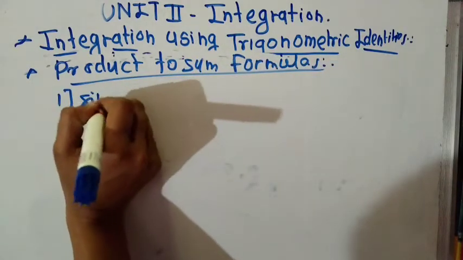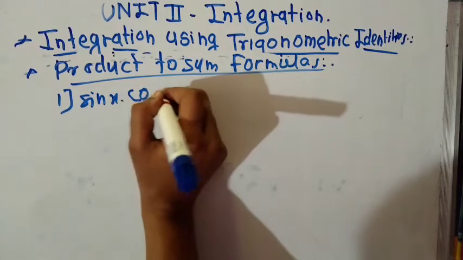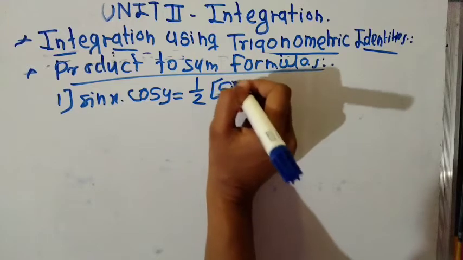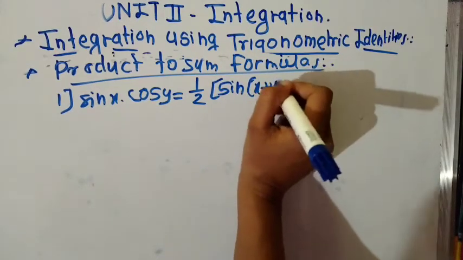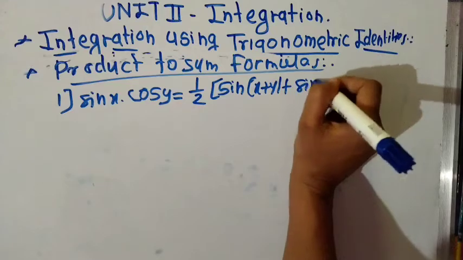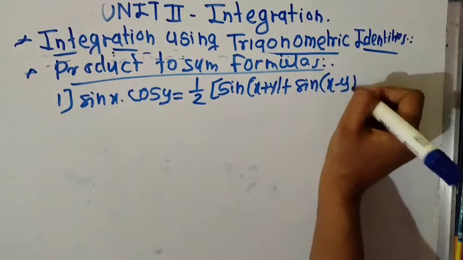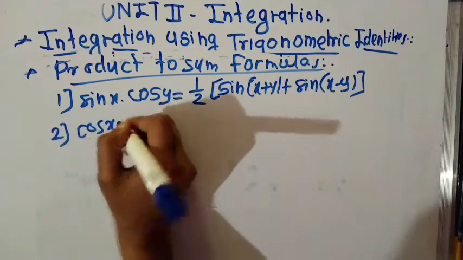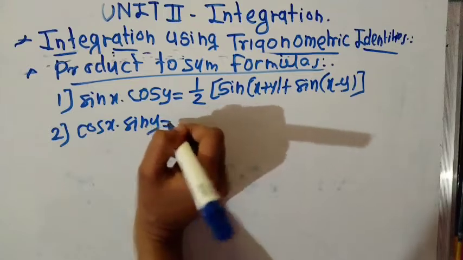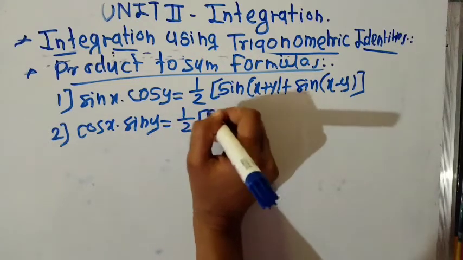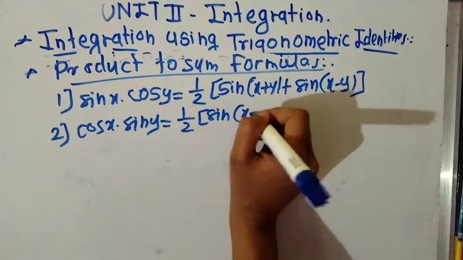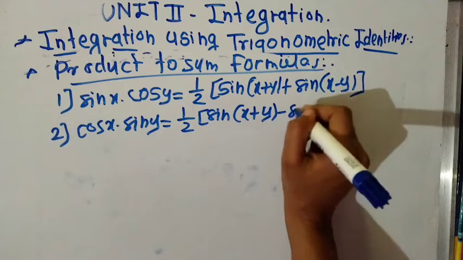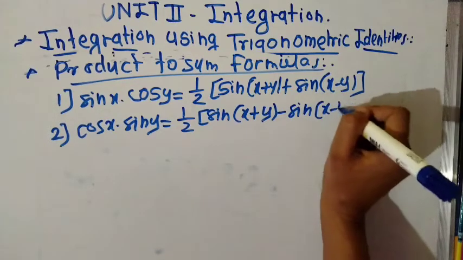First is sin x into cos y is equal to 1 by 2 sin x plus y plus sin x minus y. And second is cos x into sin y, which is equal to 1 by 2 sin x plus y minus sin x minus y.